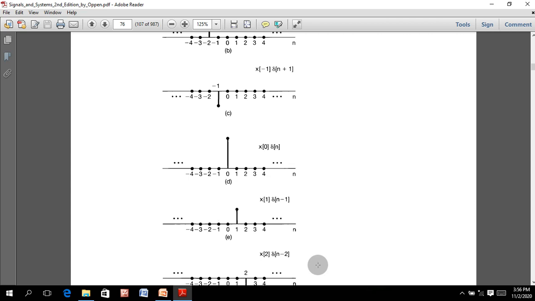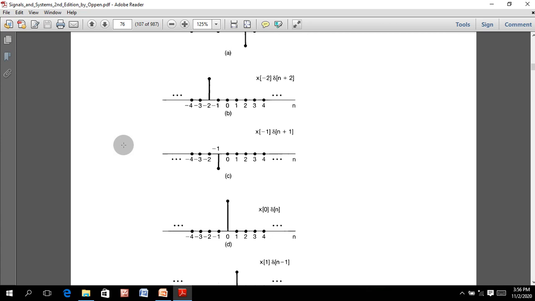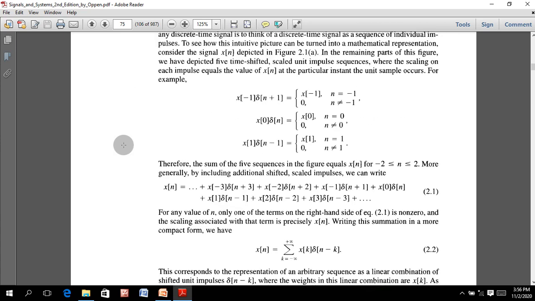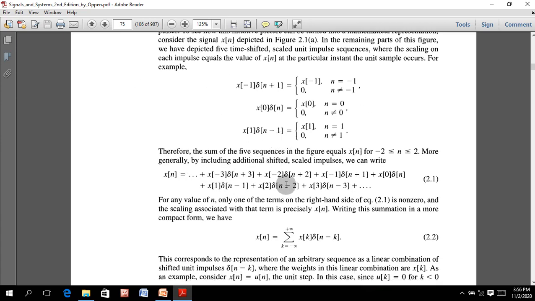So it is a generalized format where we can form an x of n signal, any signal. Any signal means a discrete time signal. We are talking about only discrete time signals, where we can use the impulse signal to form any kind of signal. So any discrete time signal can be represented using an impulse signal.